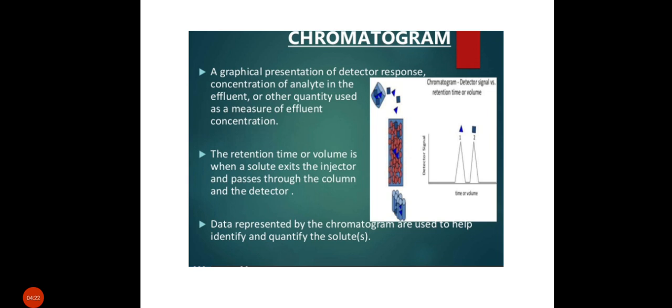The retention time or volume is when a solute exits the injector and passes through the column and the detector. Data represented by the chromatogram are used to help identify and quantify the solute, that means components. So a chromatogram is basically a graphical representation of detector response.